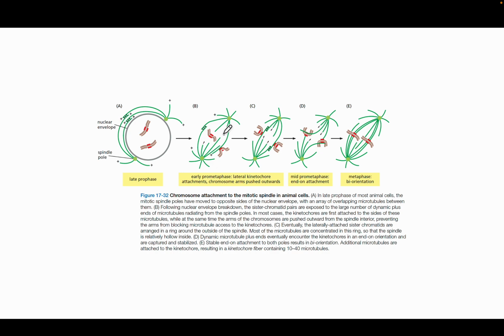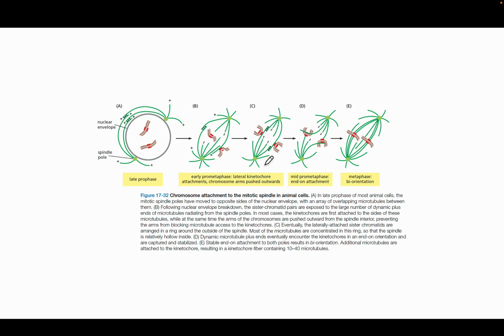In most cases, the kinetochores are first attached to the sides of these microtubules, while at the same time the arms of the chromosomes are pushed outward from the spindle interior, preventing the arms from blocking microtubule access to the kinetochore.